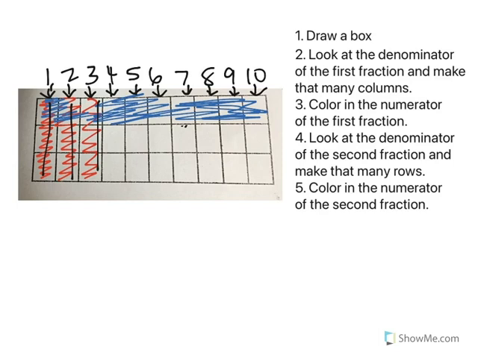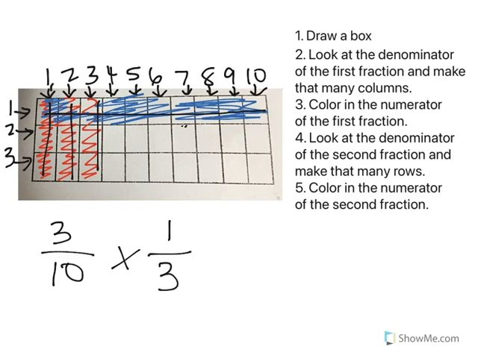So there's 10 total and 3 are colored in. So one of my fractions is 3/10. Well, if I look at my rows, 1, 2, 3, I have 1 colored in going this way. So my other fraction is 1/3.